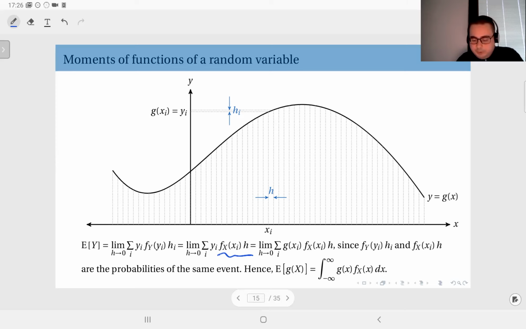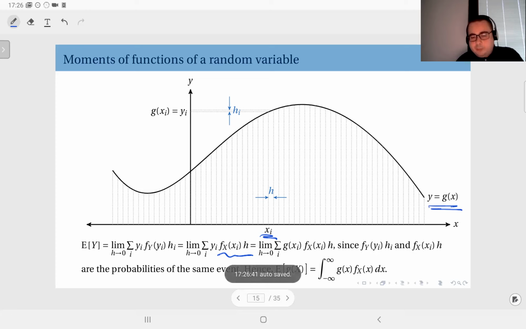But the event that the random variable is in the vicinity of x sub i is equivalent to the event that random variable Y, which is defined as the g function applied to random variable X, okay?